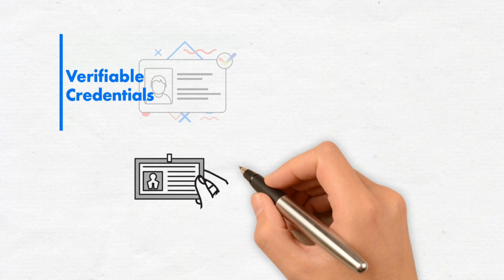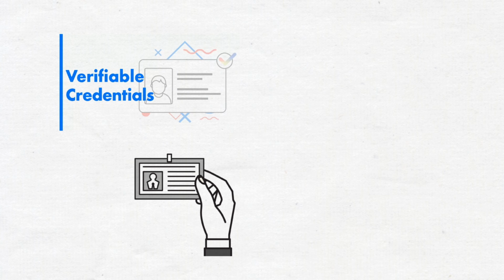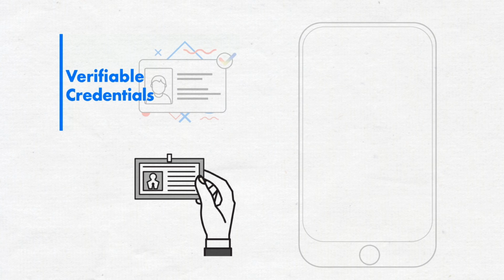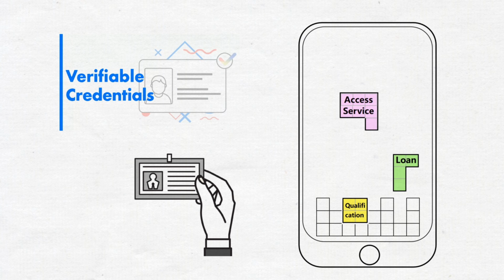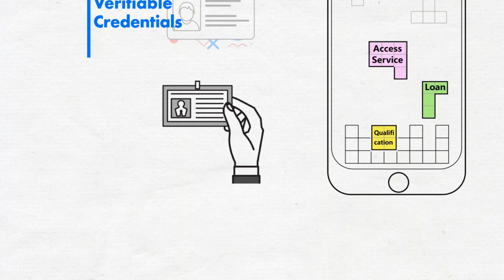Those who own the VCs can easily show their VCs to any kind of organization to prove that they are qualified for requirements such as a job, loan applications, or accessing certain secure apps and services. This not only avoids the need for users to repeatedly share their sensitive information, but also greatly reduces communication costs between users and organizations.